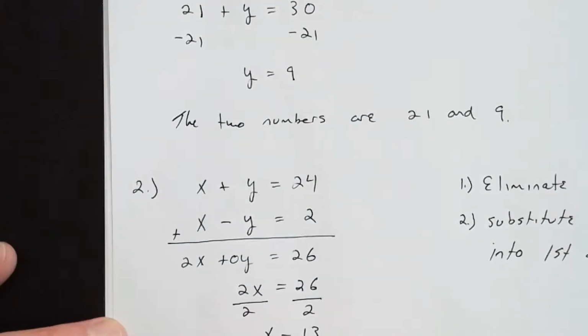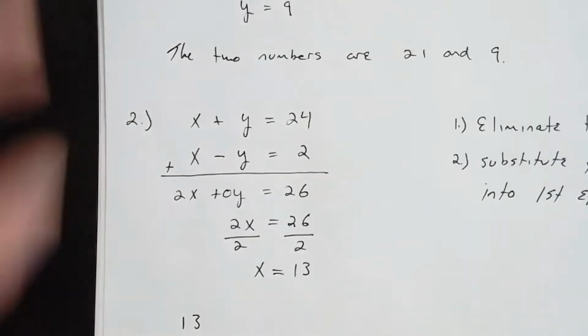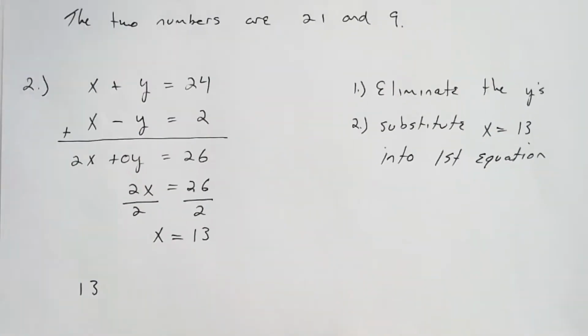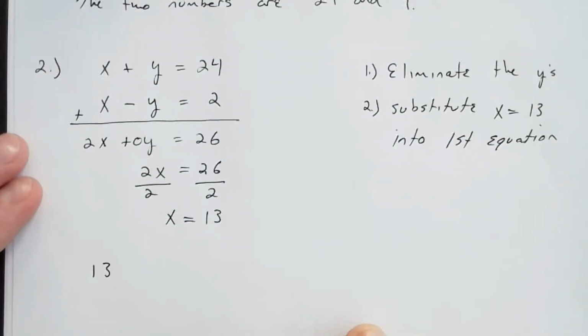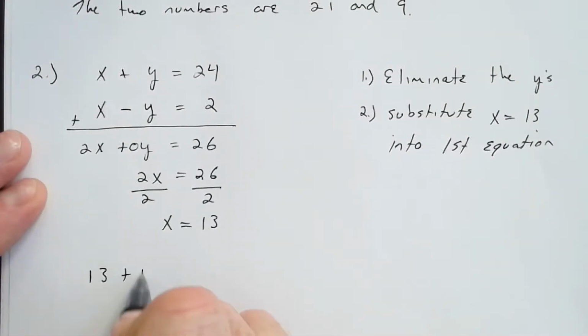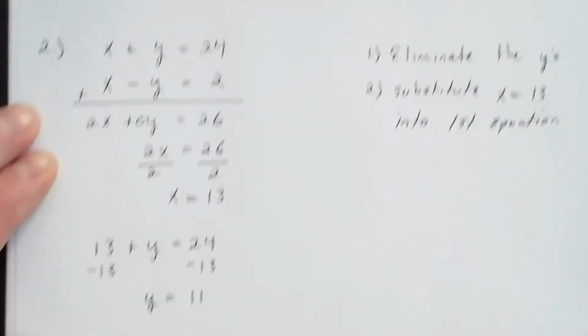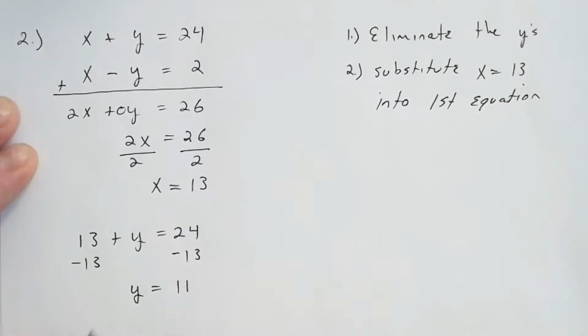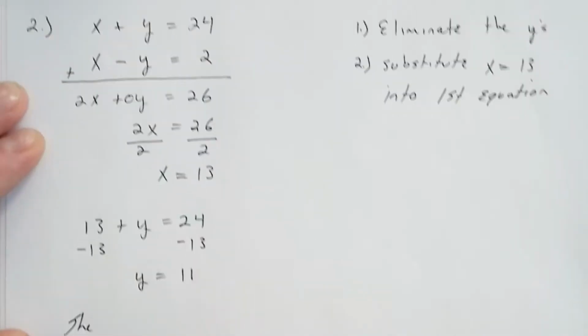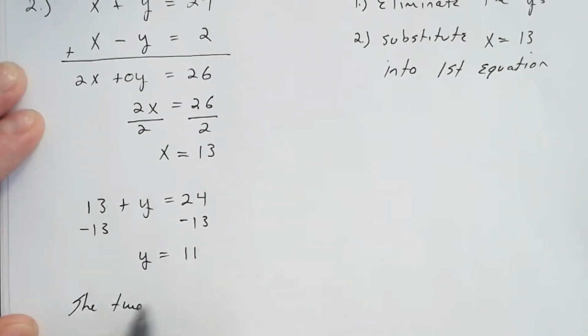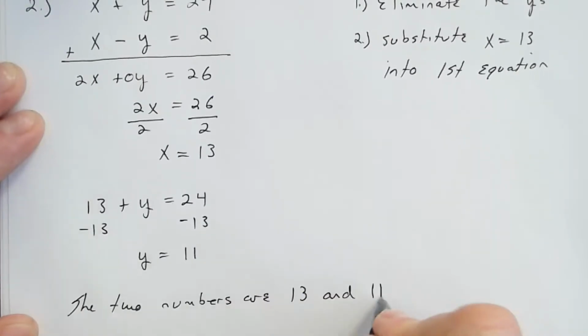So we have 13 plus y is equal to 24. Minus 13 from both sides. Y is equal to 11. So the two numbers are 13 and 11.